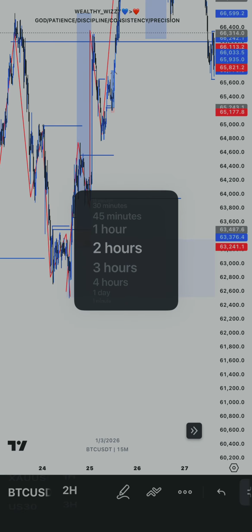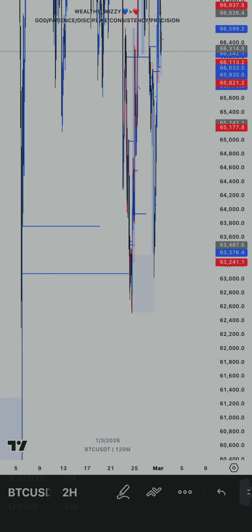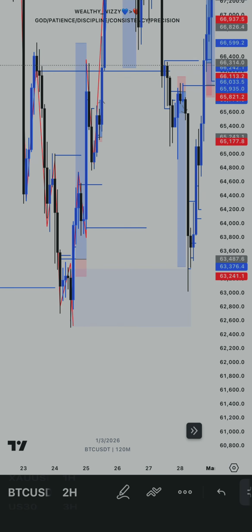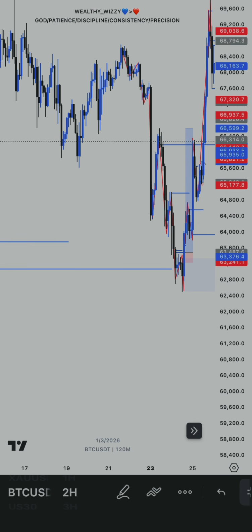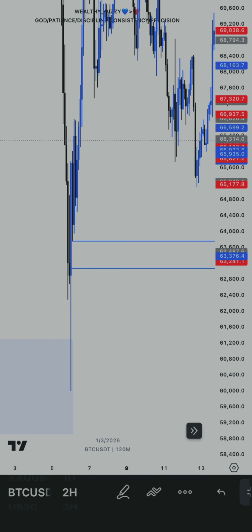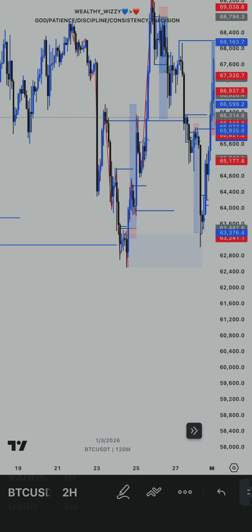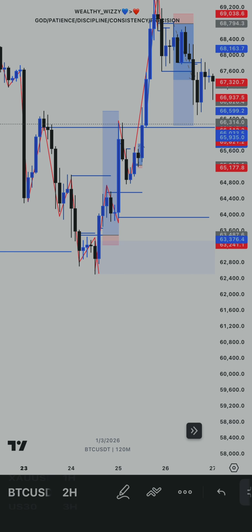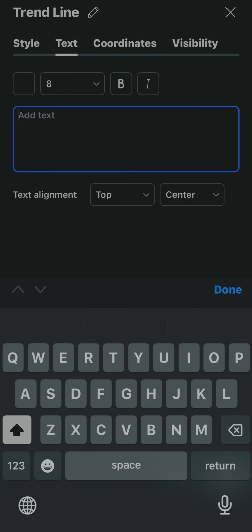Now remember earlier, after price mitigated this, our previous POI here, previous order block here, OB here, remember, it gave us our market structure shift here. Let me label it. It gave us our MSS.